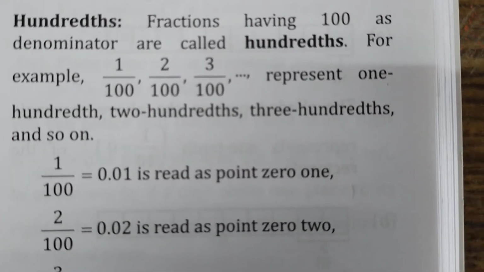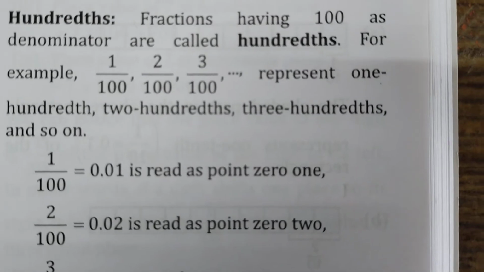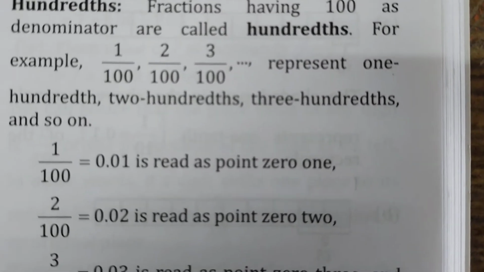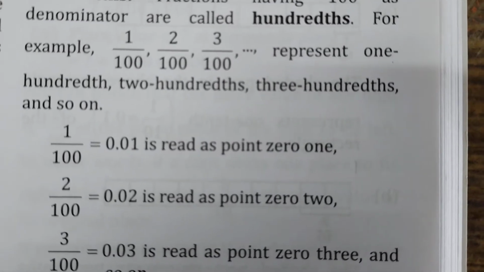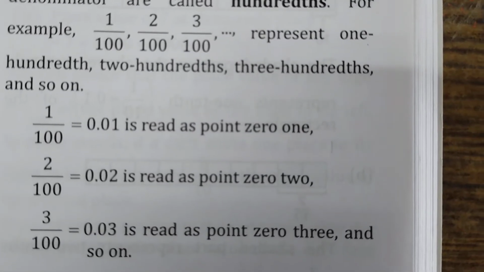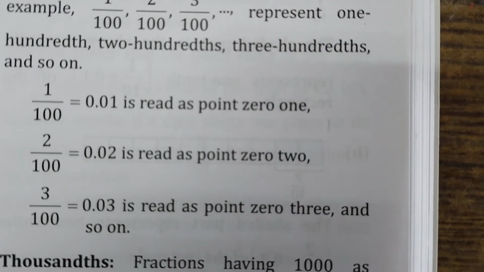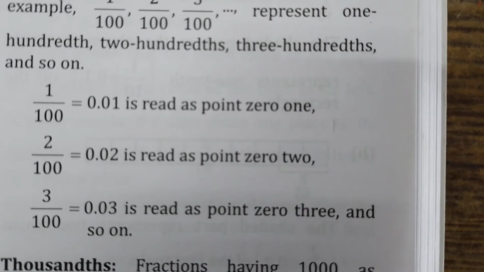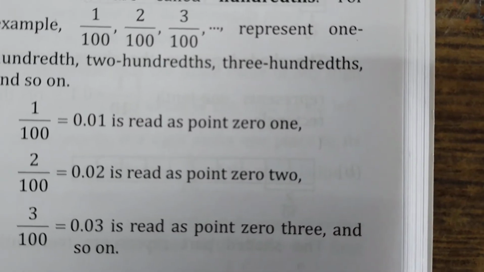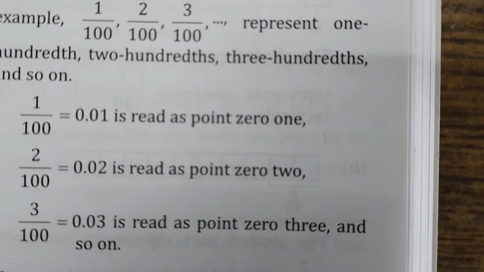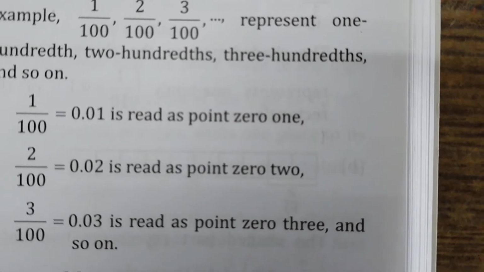Now we see hundredths. Fractions having 100 as a denominator are called hundredths. For example, 1 by 100, 2 by 100, 3 by 100. In decimal form, 1 by 100 can be written as 0.01 and is read as 0.01.